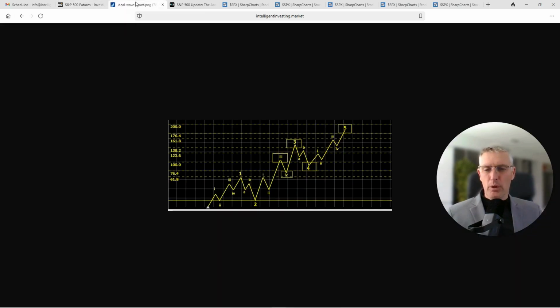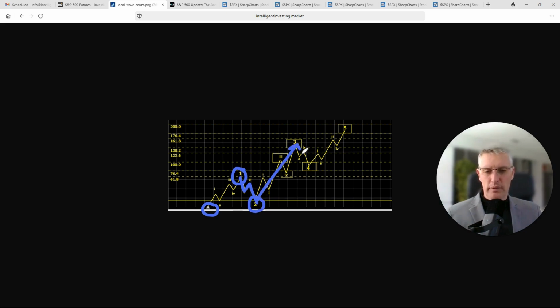So before we go there, let's remember the ideal Fibonacci based impulse pattern we are following. Assuming our assessment is correct that the rally from the March 2020 low into the late 2021 high is wave 1, then all of 2022 is wave 2, we should now be in wave 3.